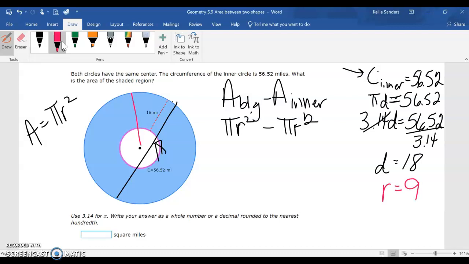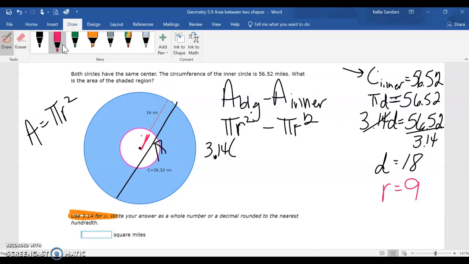The radius is going to be 9. So pi, back it up, because I just read the instructions. Use 3.14 for pi, so I'm going to go ahead and put 3.14 times, and then the radius of that circle is going to be, oops, that's not right. 9 is not the radius of the big circle.